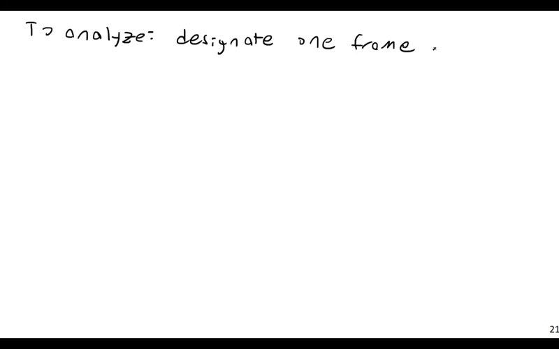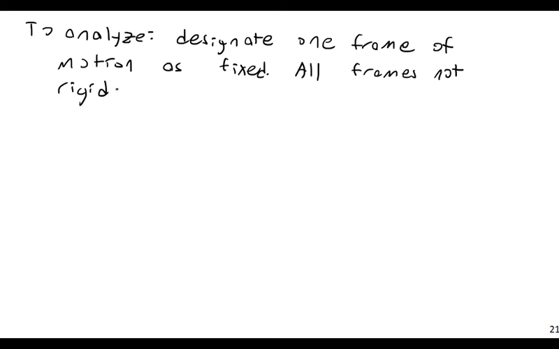So the solution, basically how we analyze: designate one frame of motion as fixed, and then all frames not rigidly attached to this are moving frames of reference. So we'll have fixed and moving frames of reference.